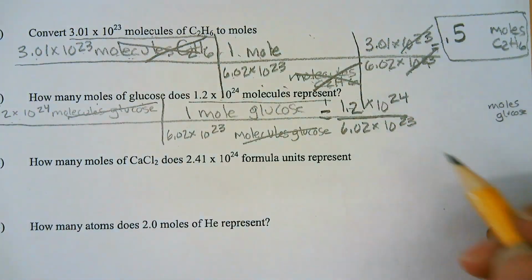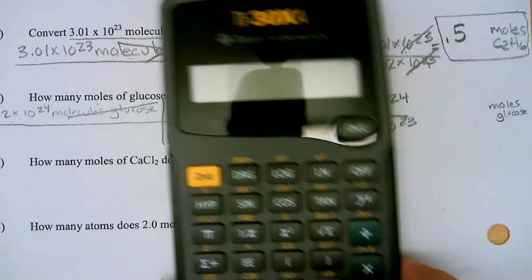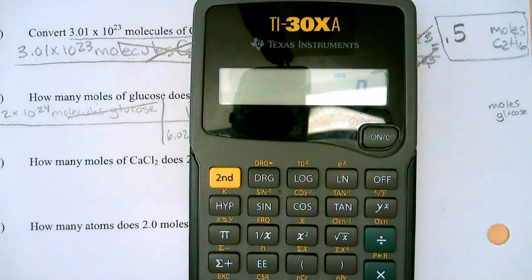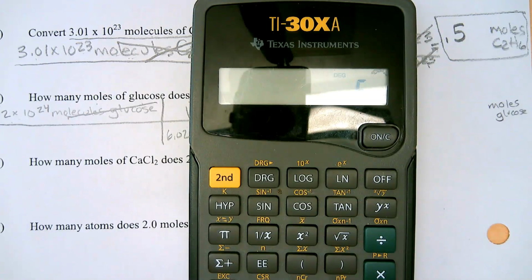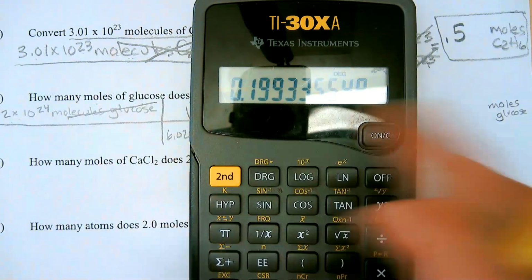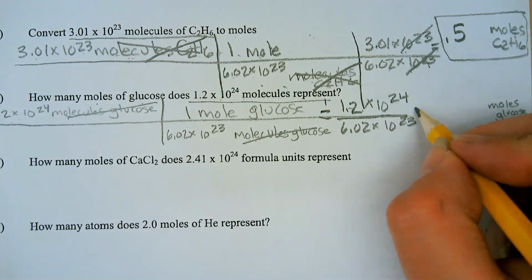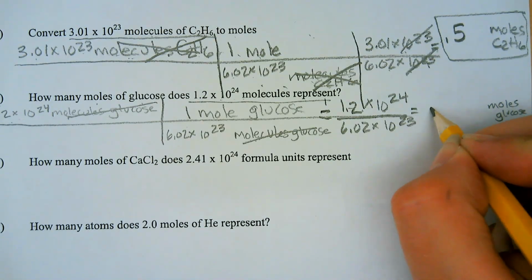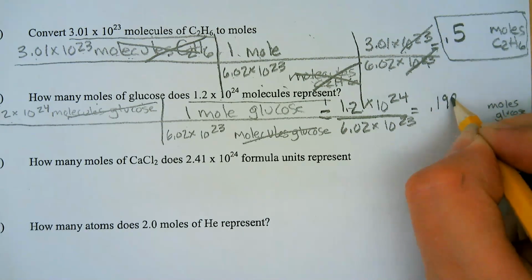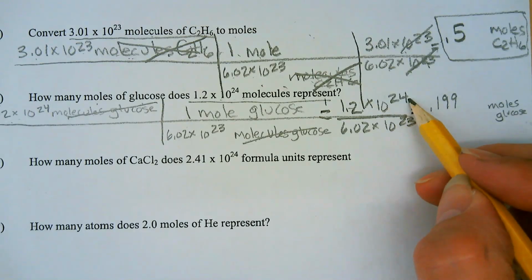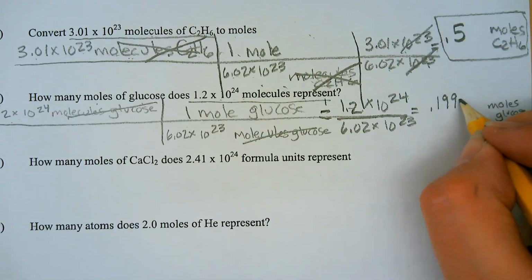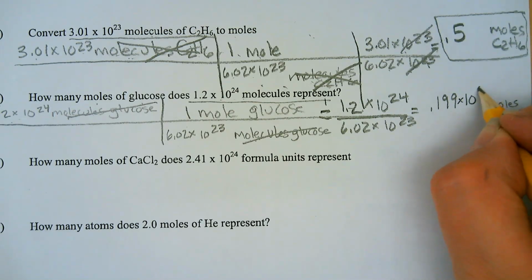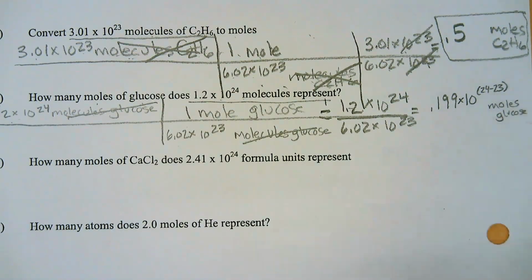So 1.2 divided by 6.02 is 0.199. And 10 to the 24th divided by 10 to the 23rd, that's how you do that.